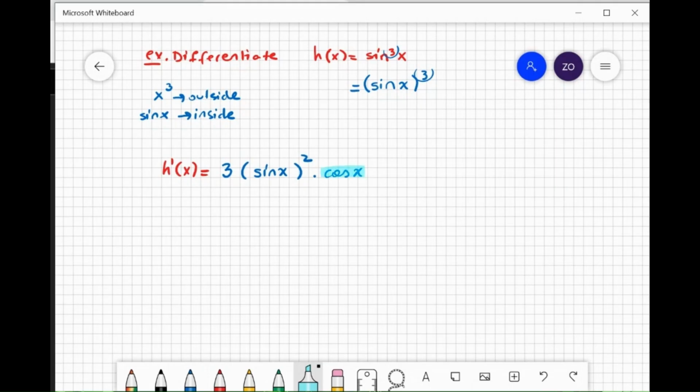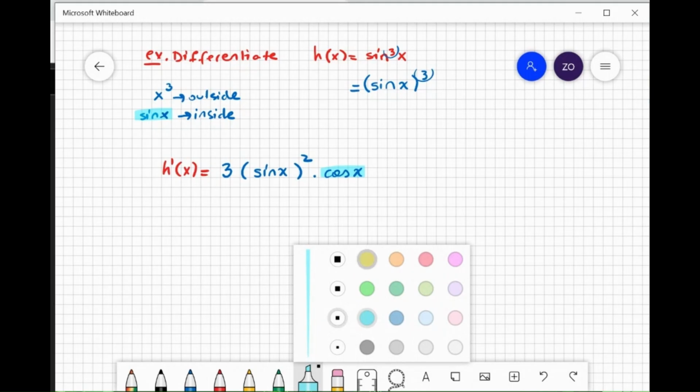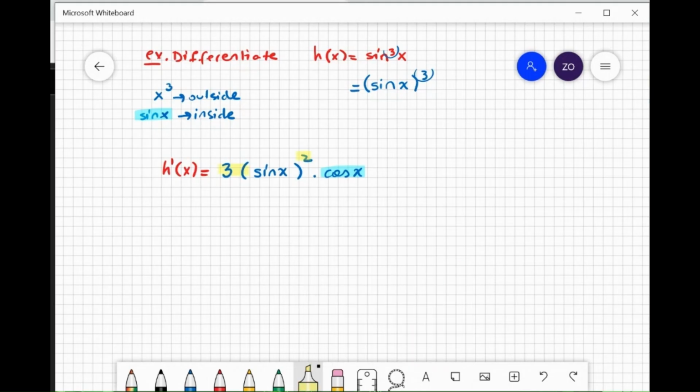So this is the derivative of the inside function, and 3 times this expression squared is the derivative of the outside function, and we evaluate it at the inner function. So we can just write this as 3 times sine squared times cosine of x.